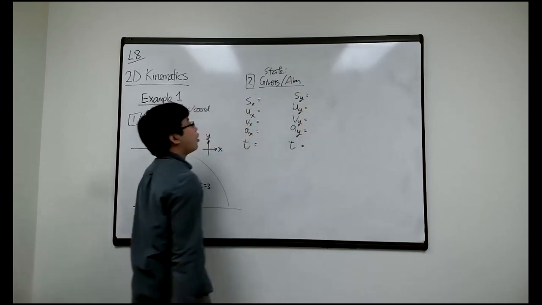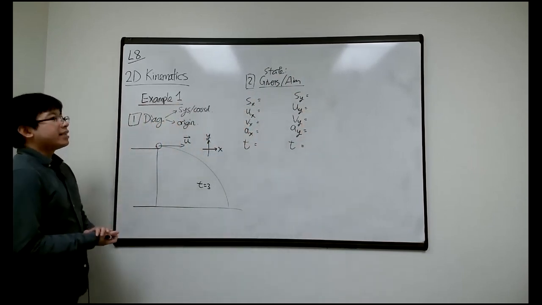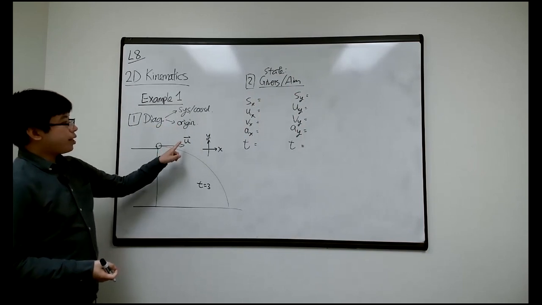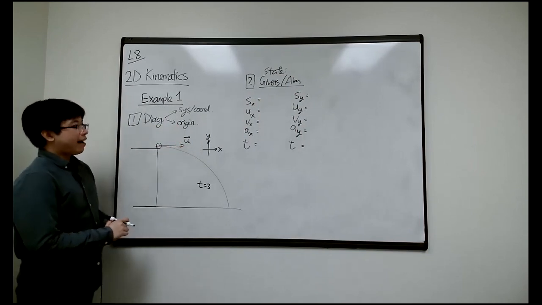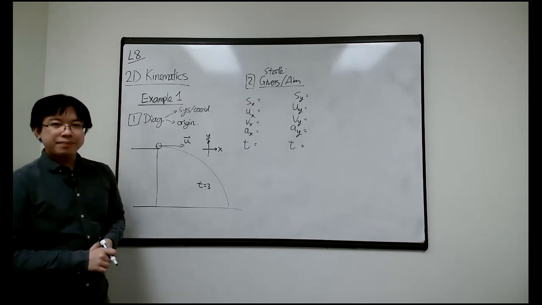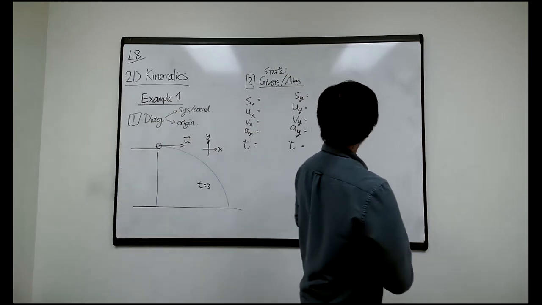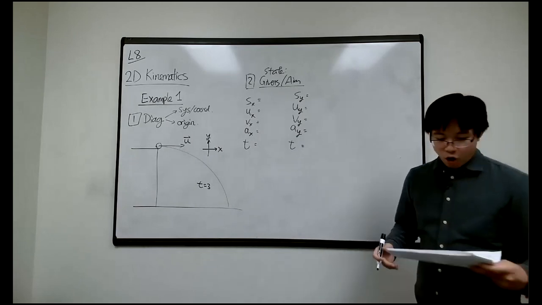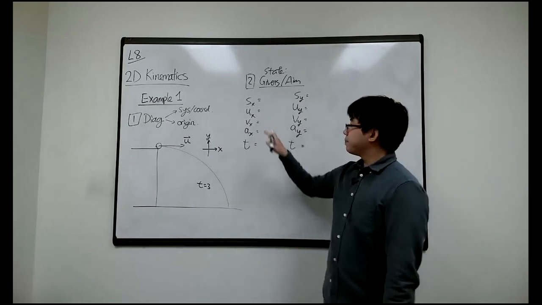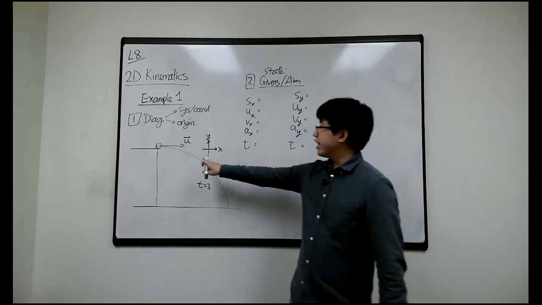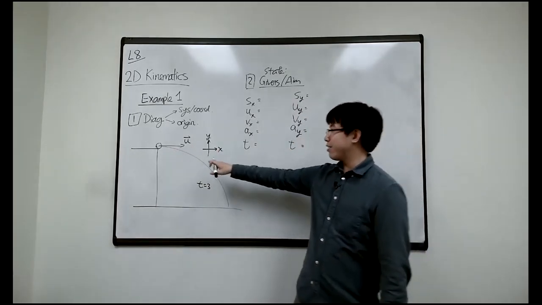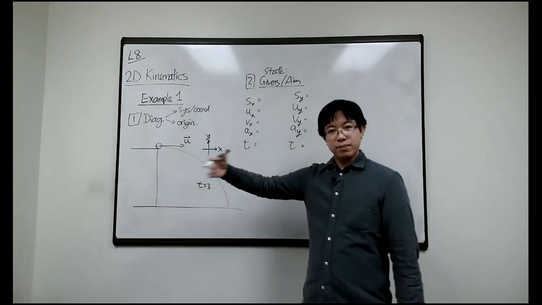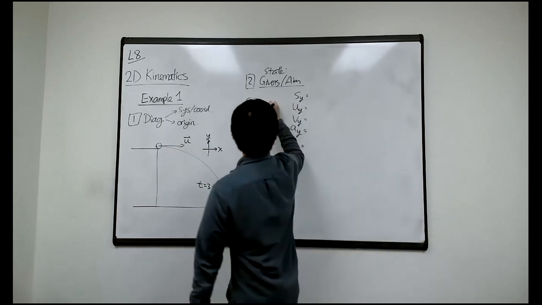Now, what is given? Let's start with u, because we know the initial velocity is this way. Do we know ux? The question actually didn't tell us what ux is. If you rewind a little bit and look at the question, it just says it's launched horizontally, so I don't actually know this.